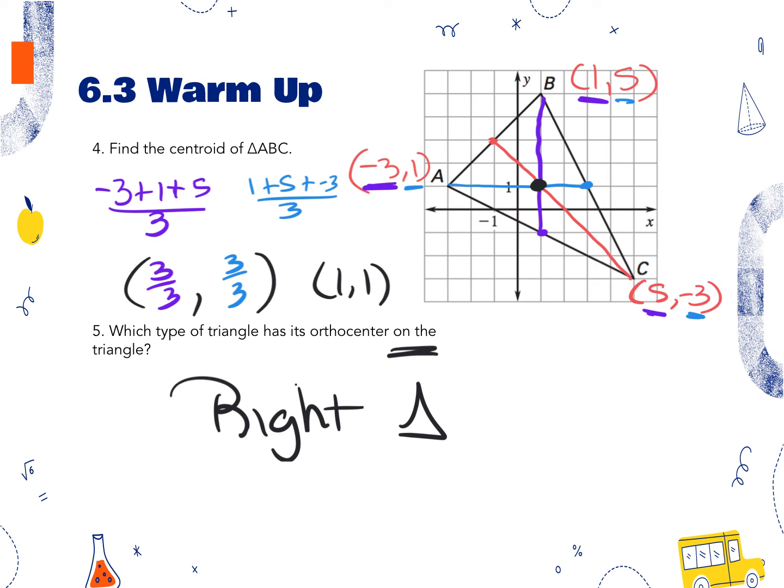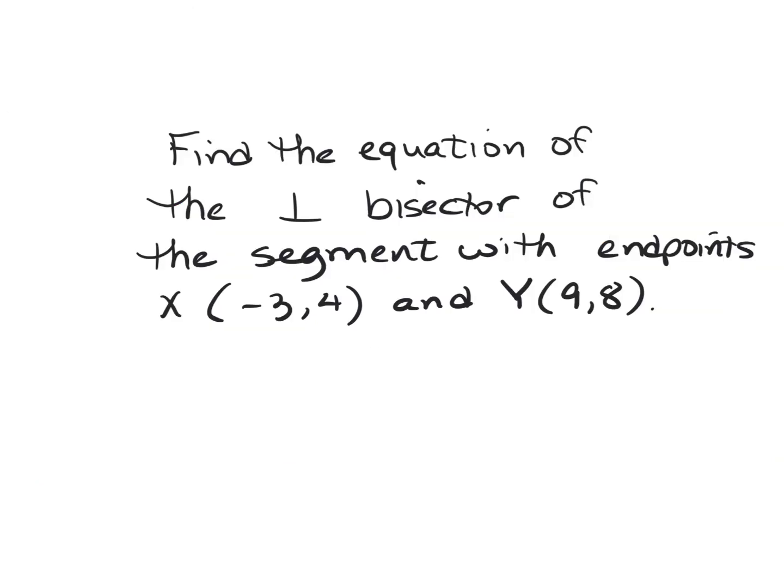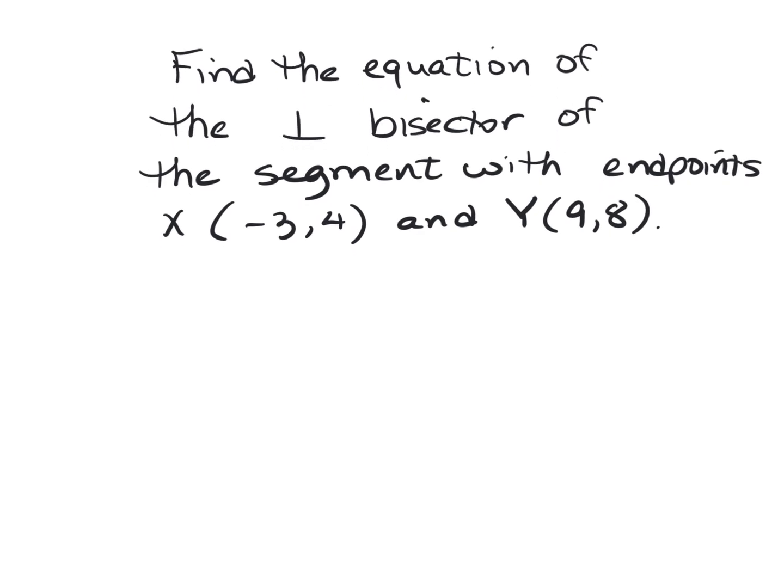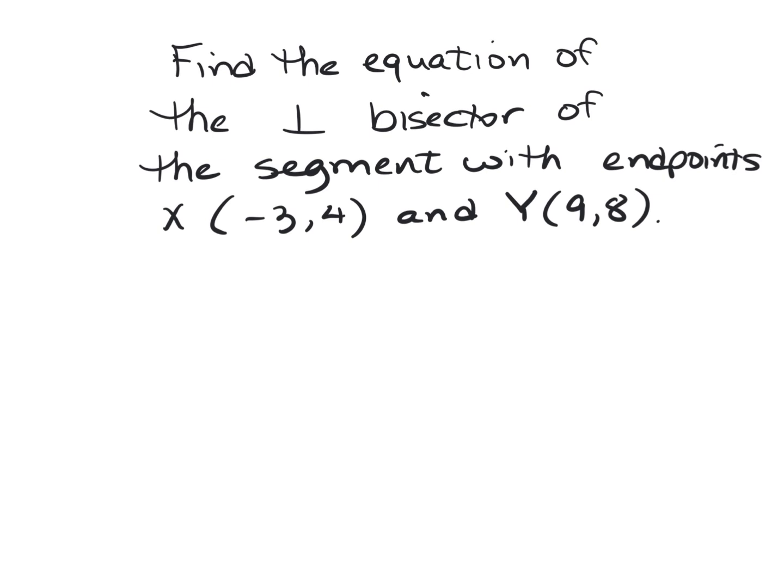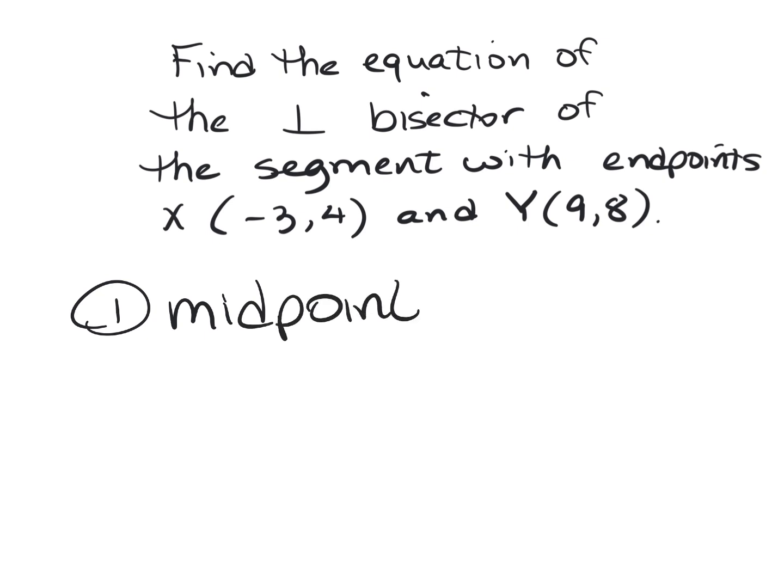So the next question, and this isn't in the warm-up, I'm done with the warm-up now. The question is, find the equation of the perpendicular bisector with endpoints X is -3, 4, and Y is 9, 8. So remember, steps 1 and 2 can be mixed up, but I'm going to find the midpoint first of XY, and then I'm going to calculate the slope.